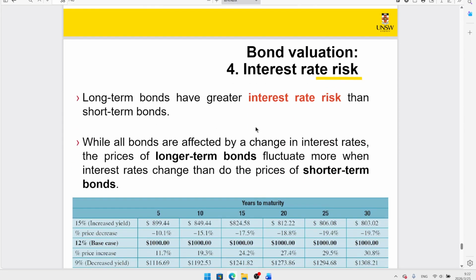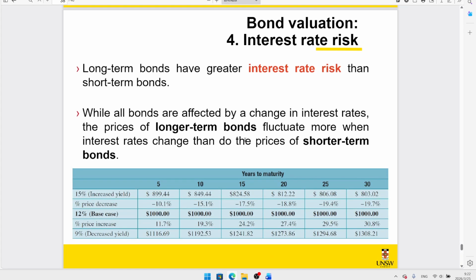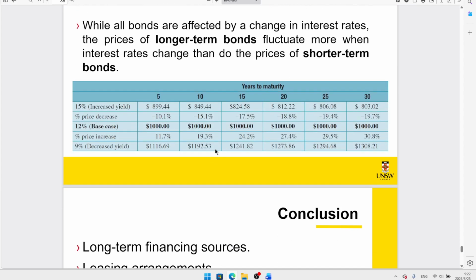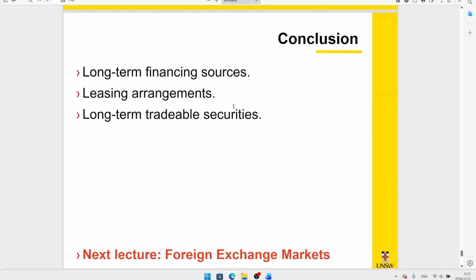Correct. And on interest rate risk, long-term bonds have greater interest rate risk than short-term bonds. While all bonds are affected by changing interest rates, the price of longer-term bonds fluctuates more when interest rates change than the price of short-term bonds. So that's the conclusion.